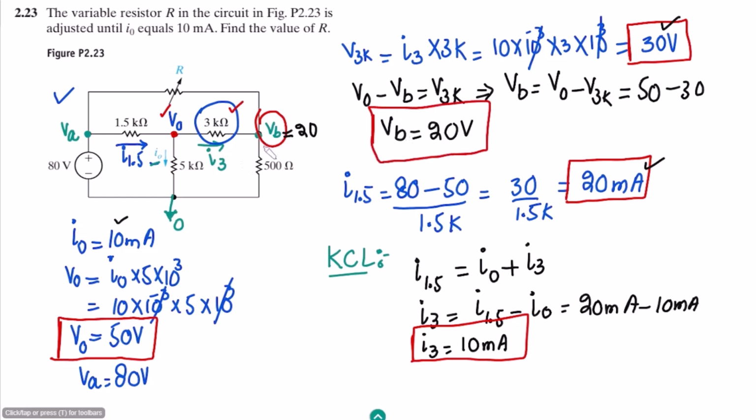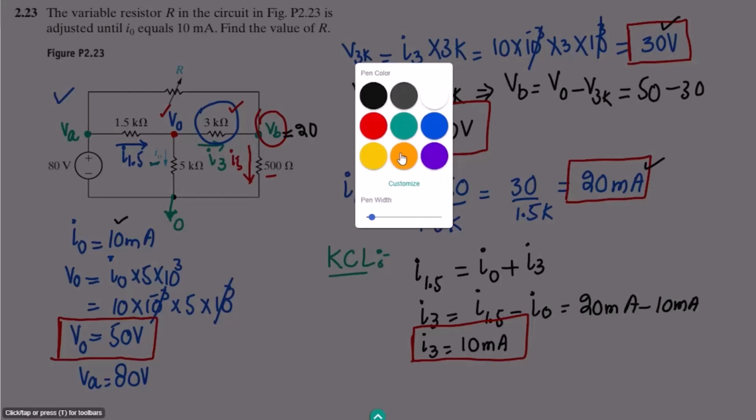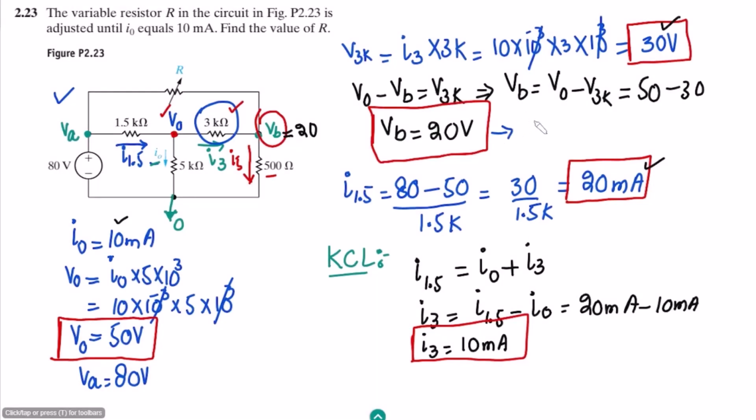Now when this voltage is known, the potential difference is known, the resistance is known, we can very easily find out this current. Let me call it I5. By applying the formula, which is the potential difference across this resistor divided by the resistance, we get I5 is equal to VB divided by 500.